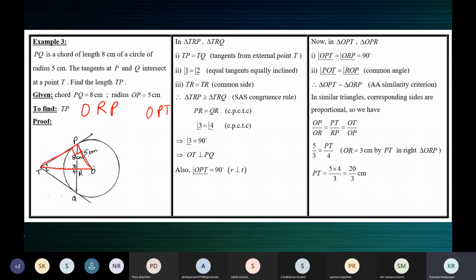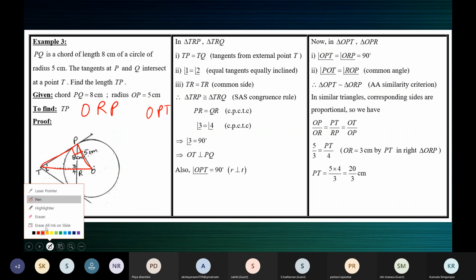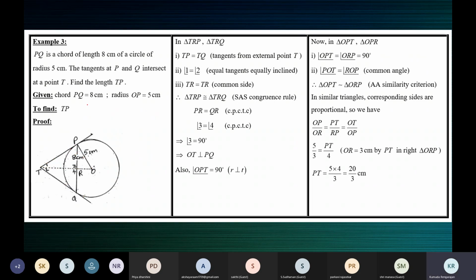Listen carefully. OPT is a right triangle, because the radius and tangent are perpendicular to each other. This is the radius, this is a tangent, they are perpendicular. OPT is 90. That means you should prove that ORP is also 90. How to prove ORP is 90 is easy; we'll come to that later.